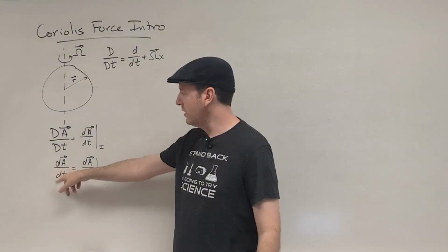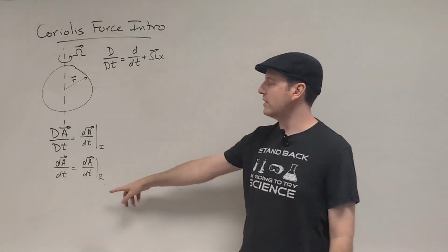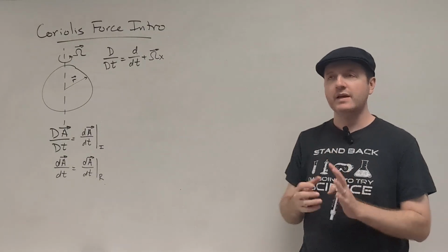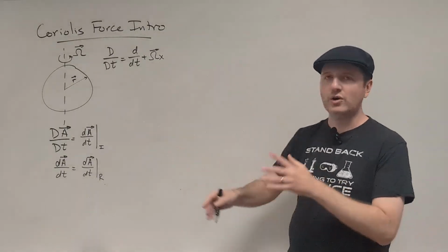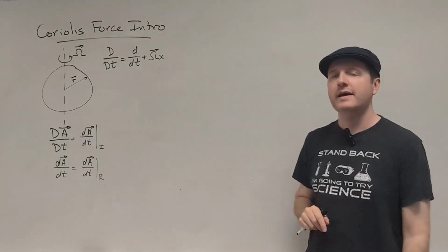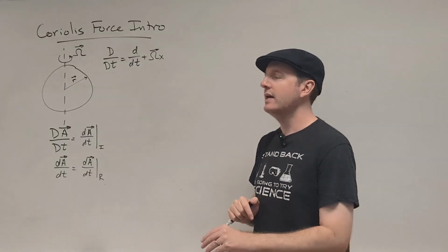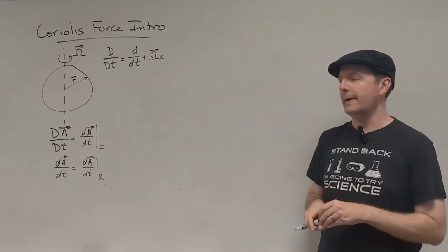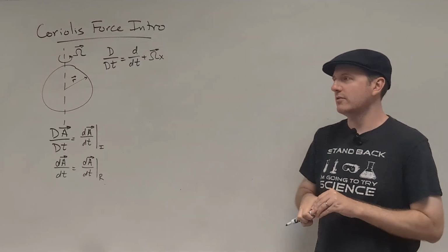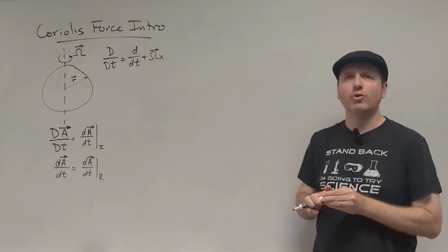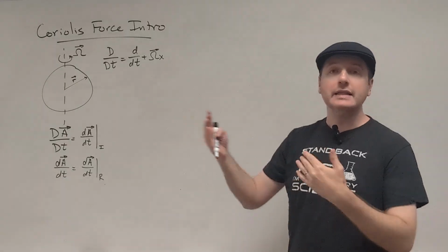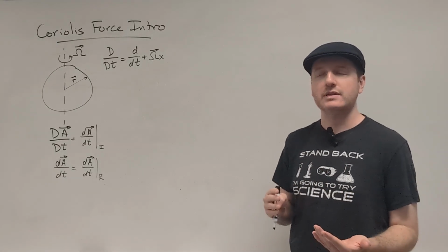And then I'll use the normal lowercase d's to stand for time derivatives that are happening in the rotating frame. It's just because I don't want to keep on writing these bars with i's and r's all over the place. And the key takeaway, which I'm not going to prove here, but if you're interested, you can look at Goldstein or Morin or some other classical mechanics textbook, is there's a very clean way to go between the two frames.